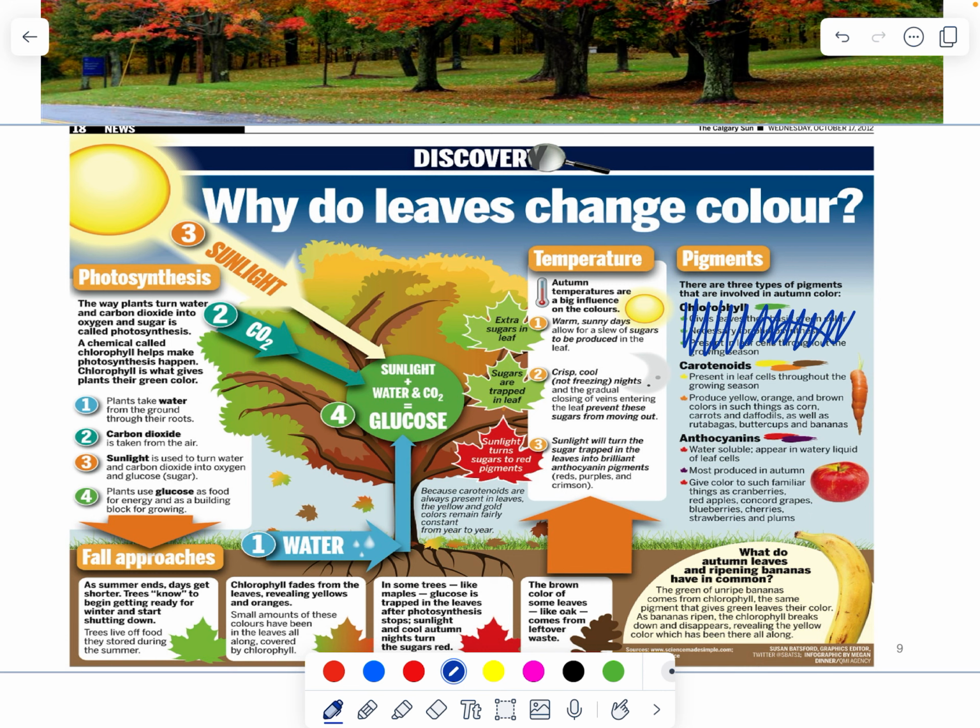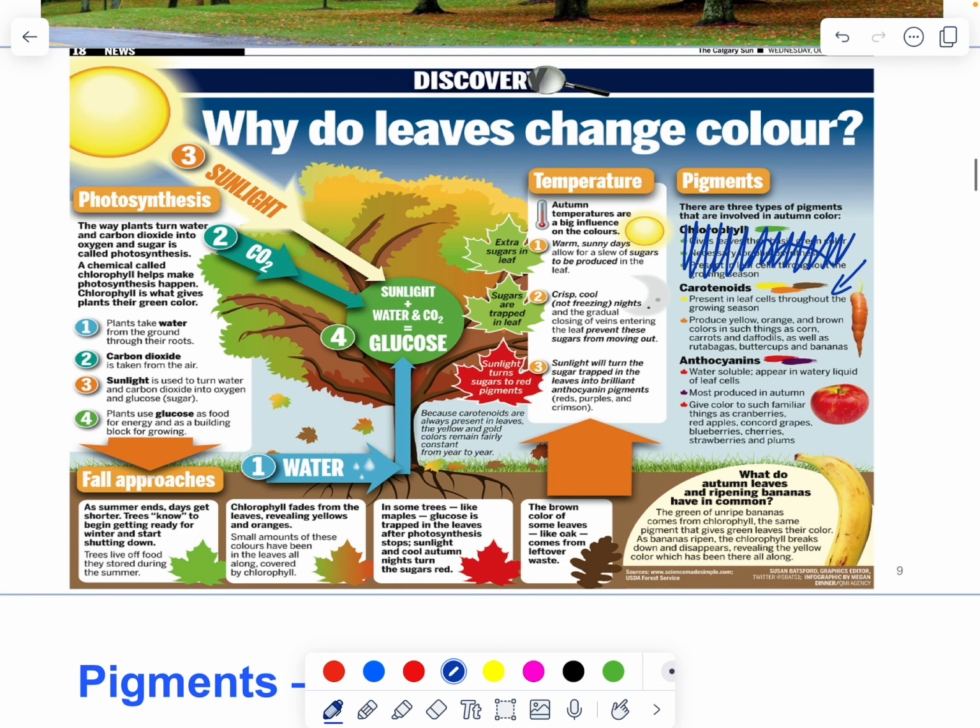Plants can sense when it's getting colder, when the number of sunny days and the actual hours of sunlight is decreasing. Plants are like, hey, we're going into winter. We need to conserve energy, stop producing chlorophyll. And so these accessory pigments start showing up. And so chlorophyll fades right here, and then therefore revealing yellows and oranges because of these accessory pigments.